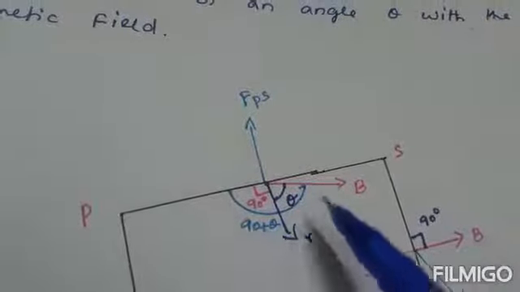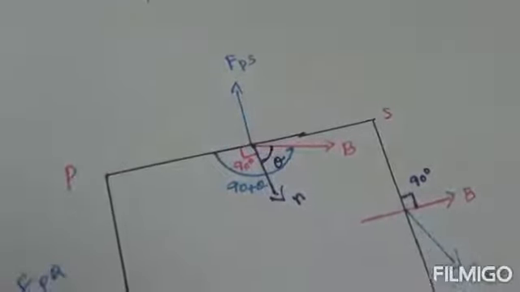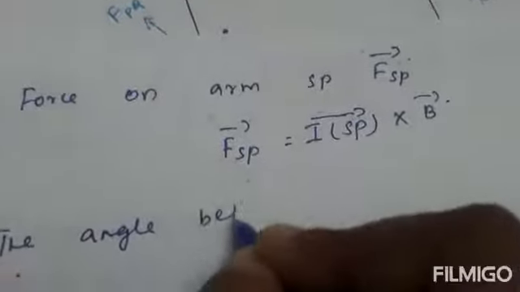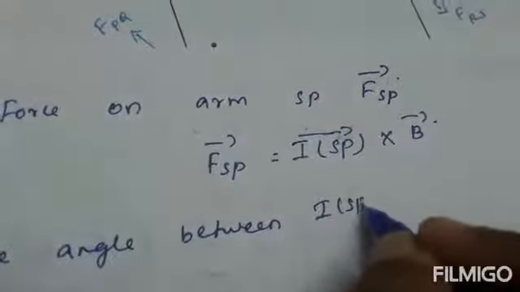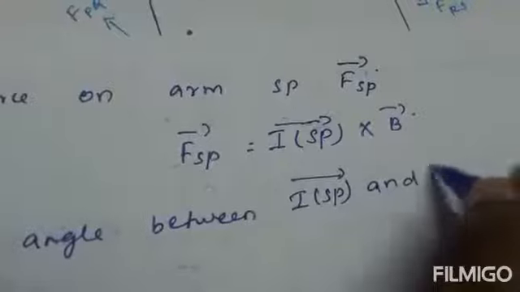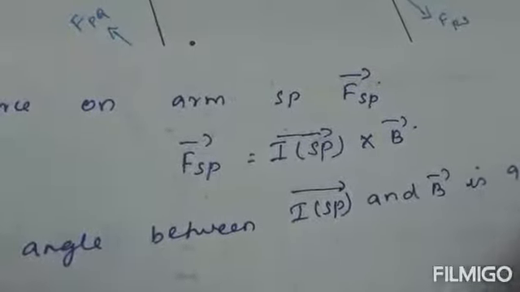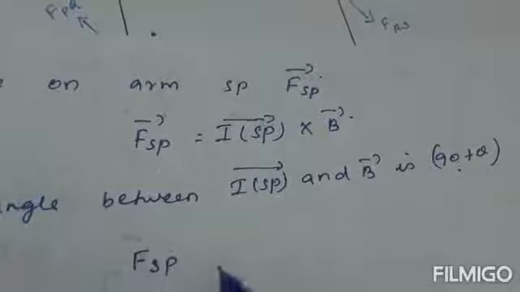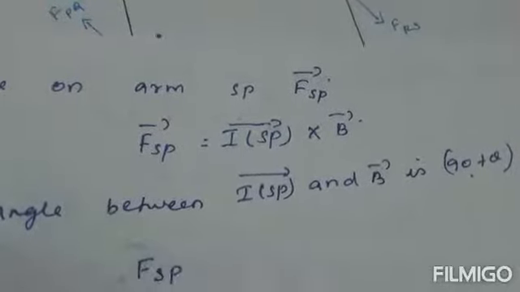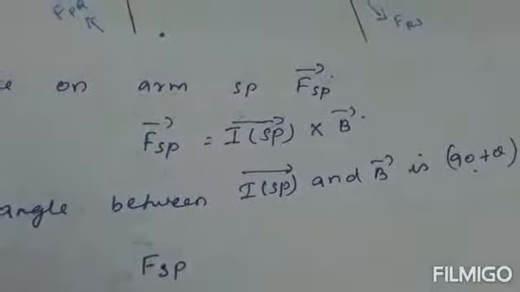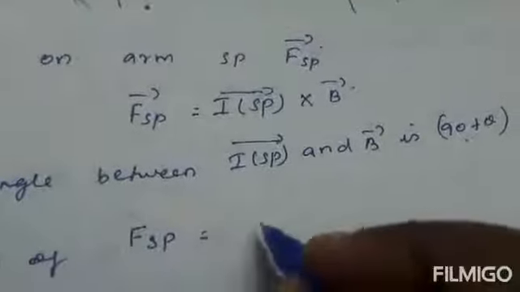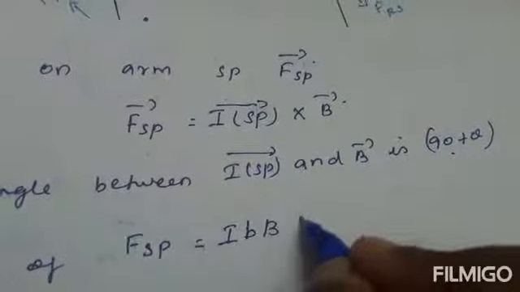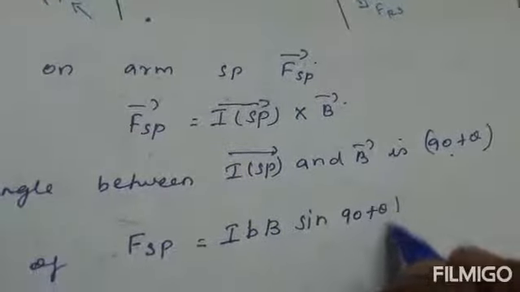So the magnitude of F_SP is equal to I into SP, which is again the breadth of the loop, that is B, times B sine(90 plus theta).